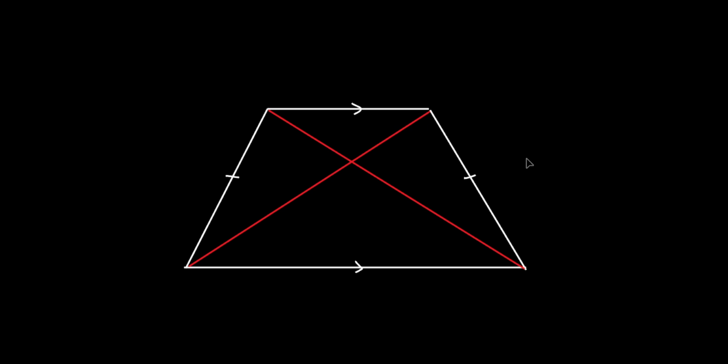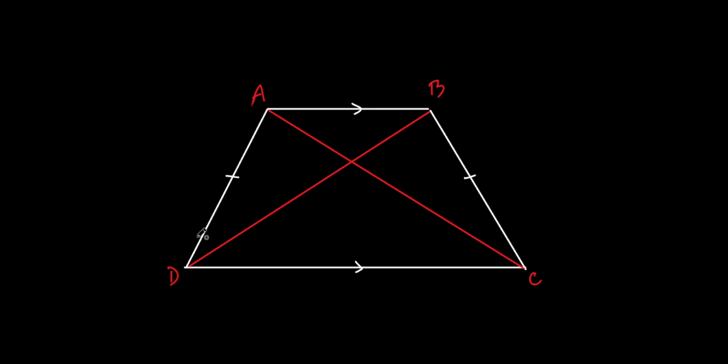Call it A, B, C, D. I just want you to guess, and I'm almost sure that you're going to guess the right thing. What's the relationship between those two diagonals, AC and BD? What do you think? It looks like they would be exactly the same, doesn't it? And they are.